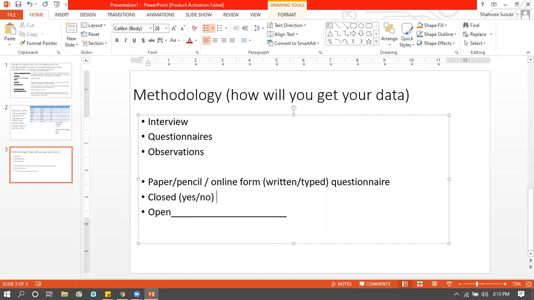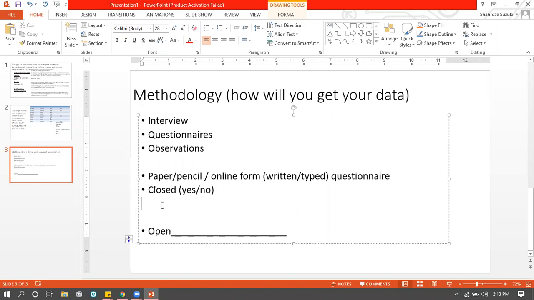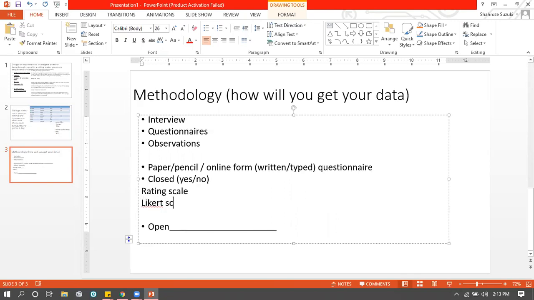But in psychology, rather than yes or no, you get something else. In psychology, there are two mostly used closed-ended questionnaire formats, and the two are either a rating scale or a Likert scale. I'm going to tell you what these are.